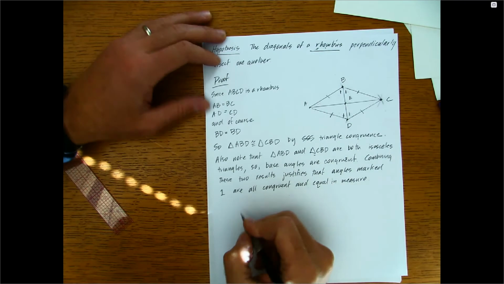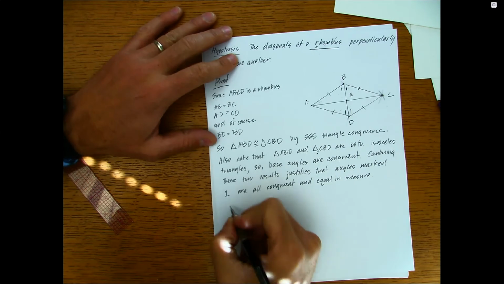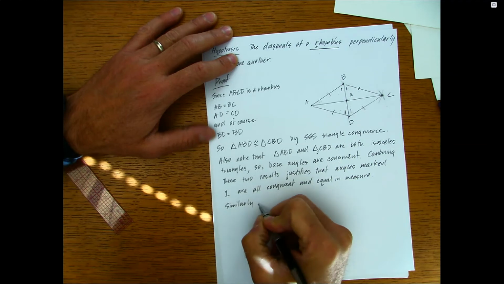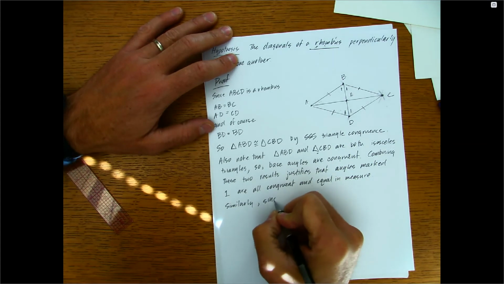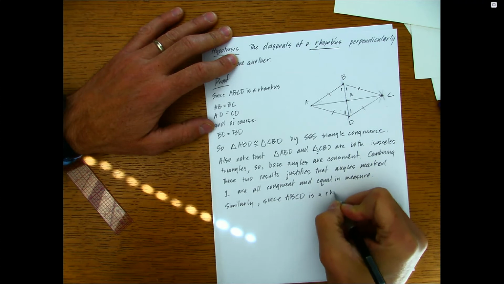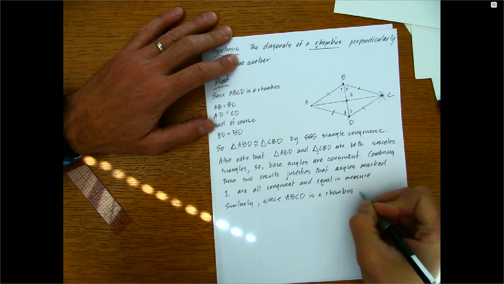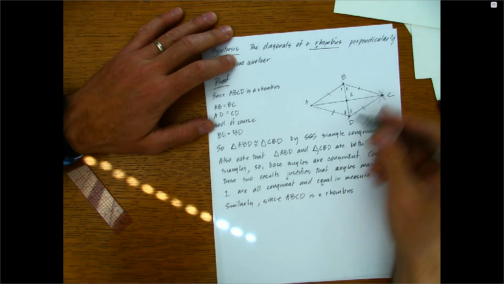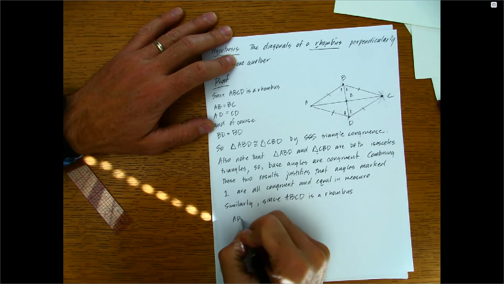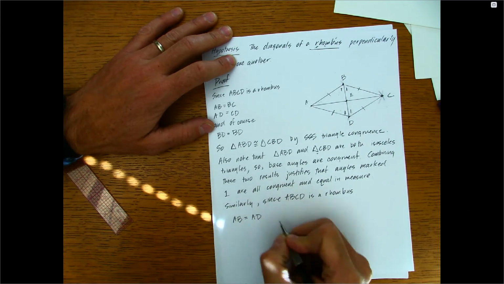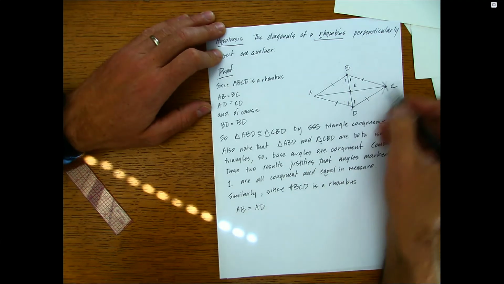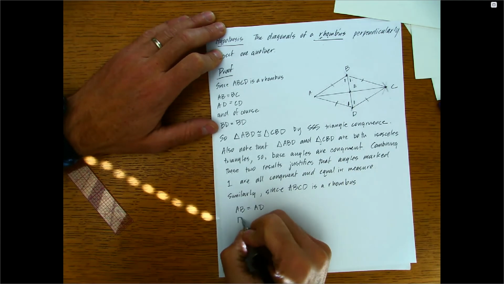I'm going to go ahead and say, similarly, since ABCD is a rhombus, we can say that, let's see, AB is congruent to AD, so it's equal in measure, and BC is congruent to DC.